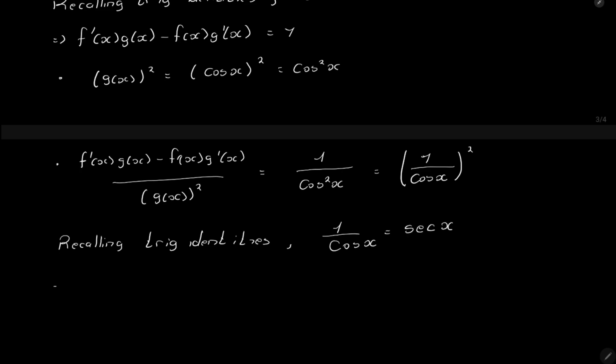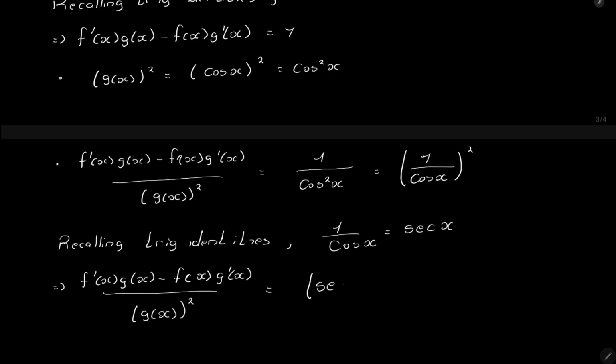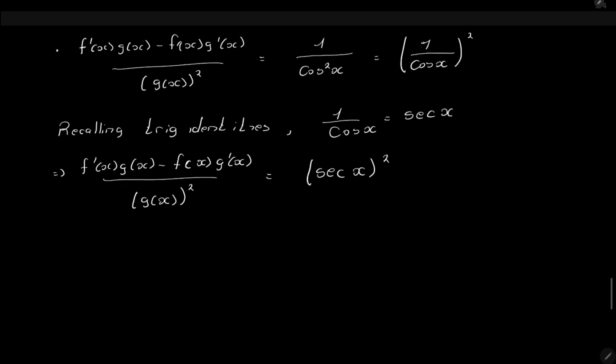So what does this tell us? This tells us that our whole function, f prime of x g of x minus f of x g prime of x, divided by g of x all that squared, is equal to sec x squared. So what can we then conclude?